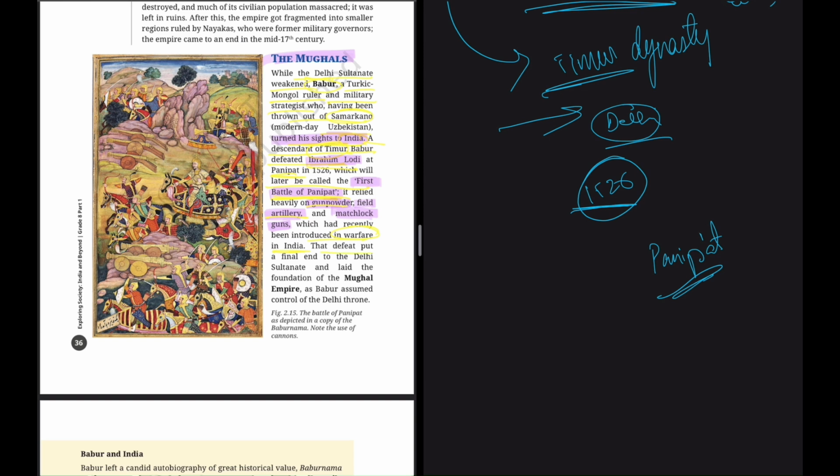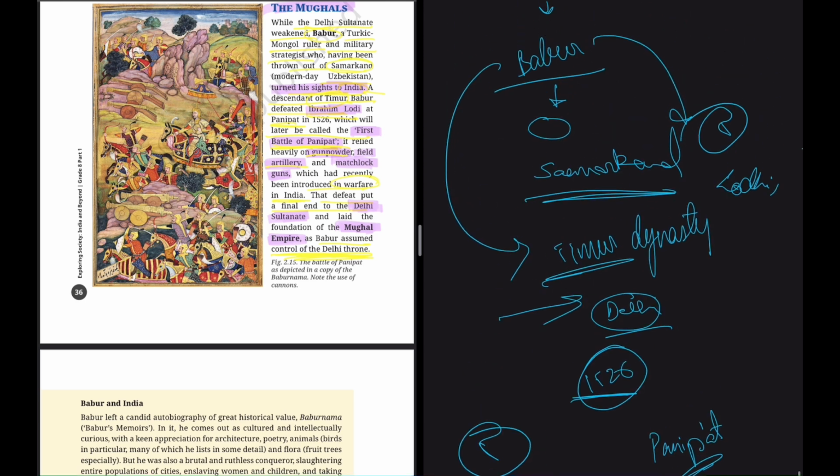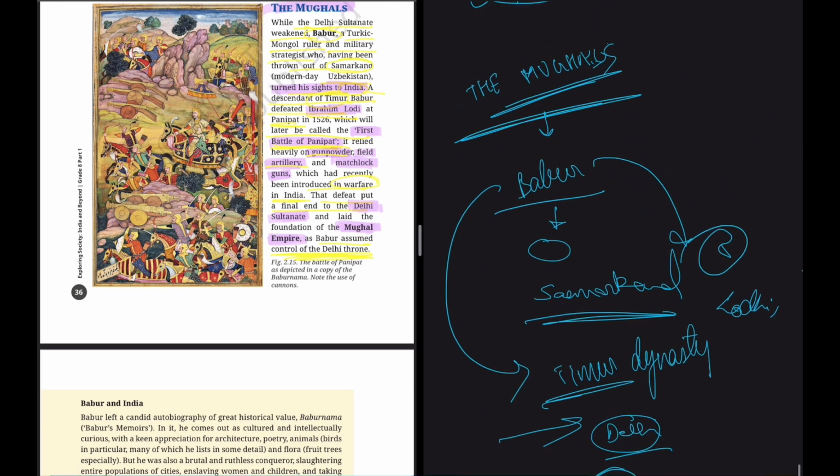That defeat put a final end to the great Delhi Sultanate. So the rule of the 5 dynasties of the Delhi Sultanate came to an end, and as Babur assumed control of the Delhi throne, it gave rise to the formation of the Mughal Empire.